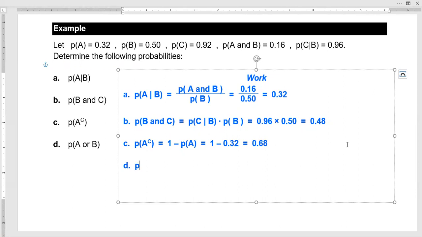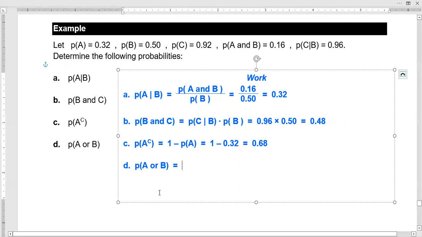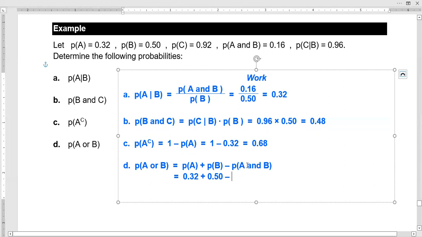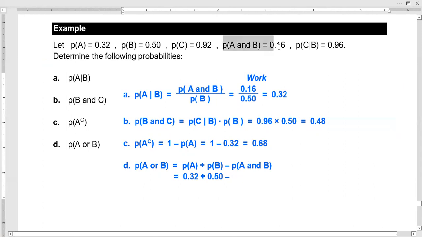For part D, we have the probability of A or B, and we only have one formula for or. So this will be the probability of A plus the probability of B minus the probability of A and B. So the probability of A was 0.32, the probability of B was 0.50, and the probability of A and B was given to us as 0.16.